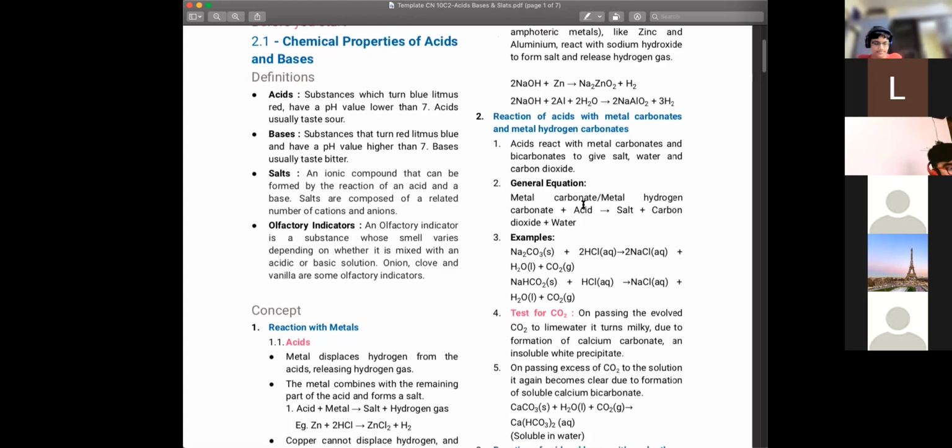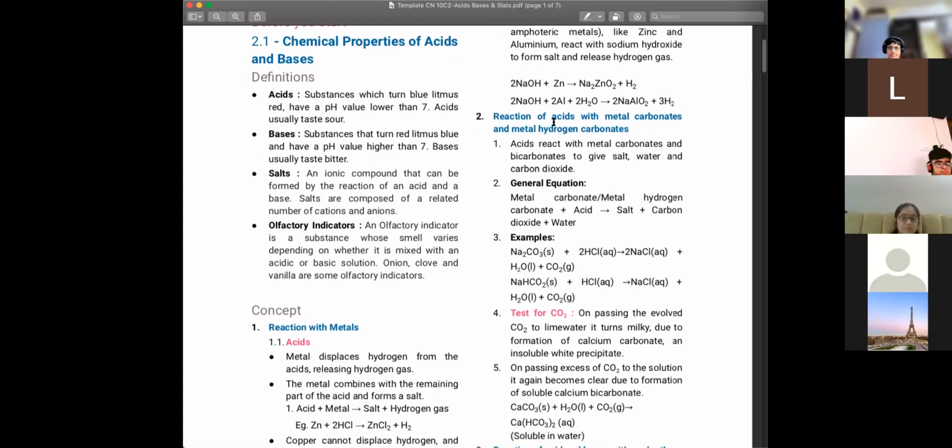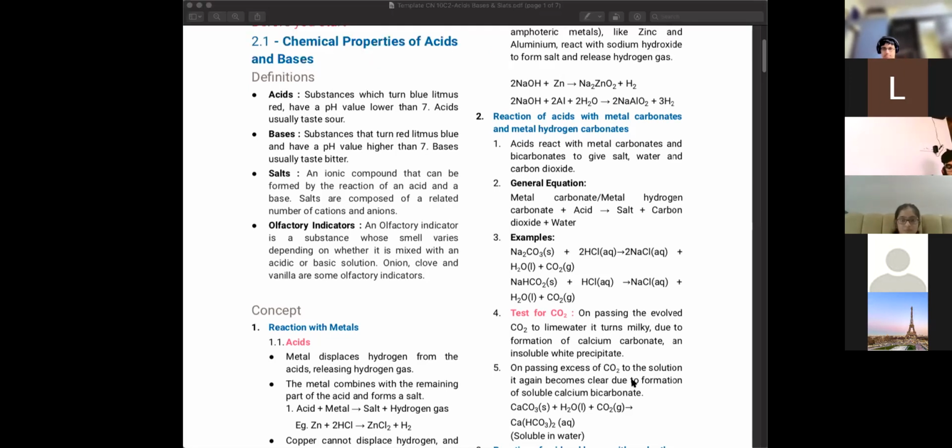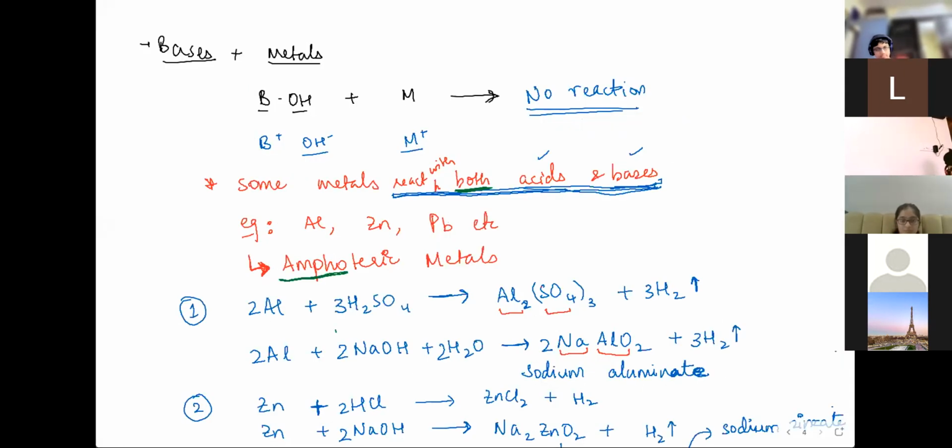Okay, ma'am. Next we have reaction of acids with metal carbonates and metal hydrogen carbonates. Hydrogen carbonates is the same as bicarbonates. Both of these follow the same format. So let's figure out what the reaction would be.